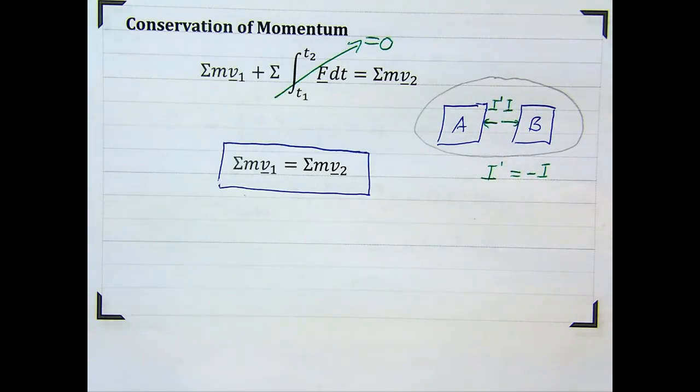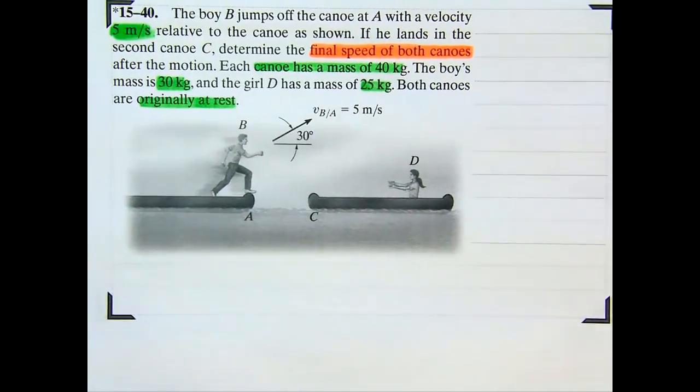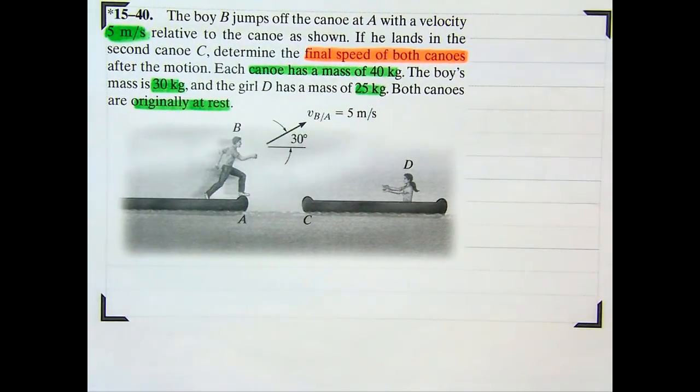So let us do question 15.40. Here we have two canoes which are initially at rest, and two people which are initially not moving with respect to the canoes.